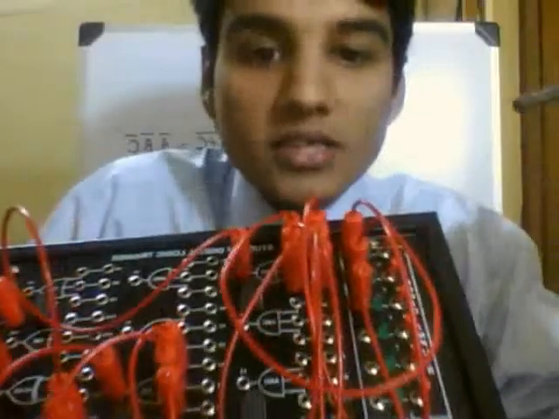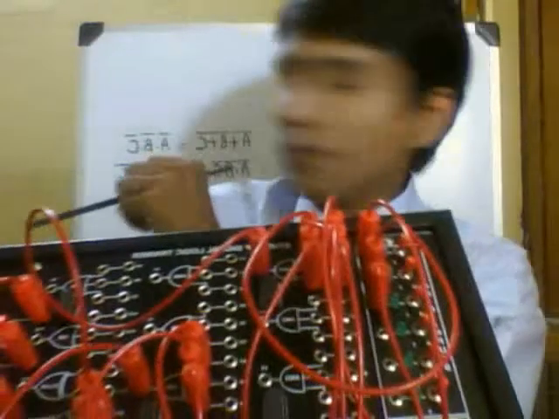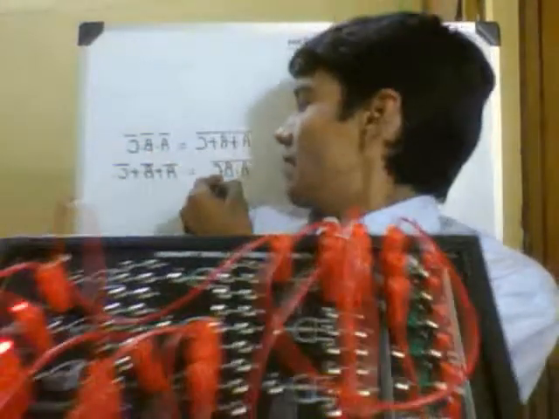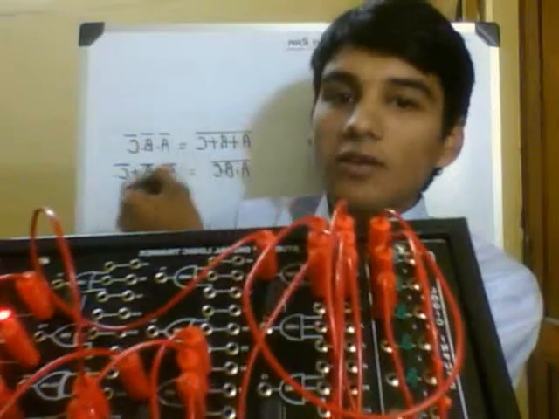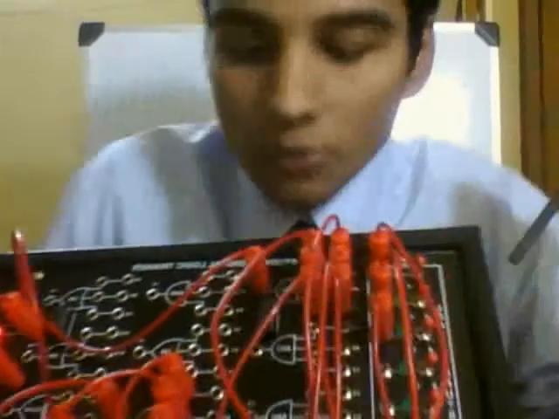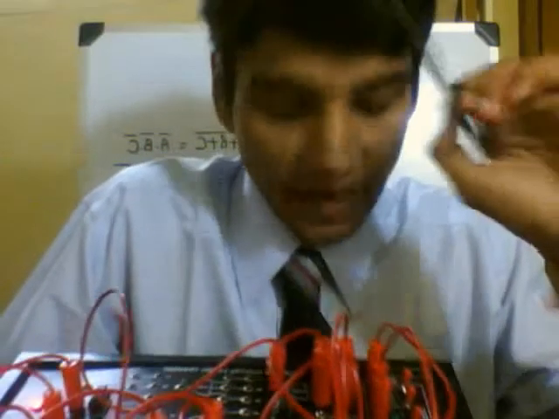So, considering the De Morgan theorem, the second statement written behind my back, which is A dot B dot C whole bar is equal to A bar plus B bar plus C bar. We are going to demonstrate this. First of all, we will make the logic for A dot B dot C. Basically, it's an AND gate.